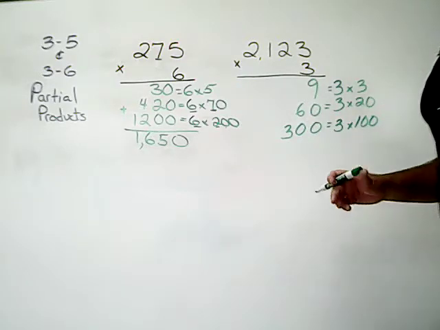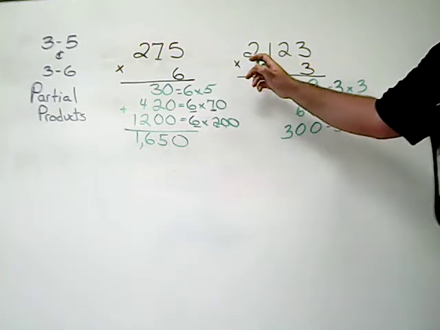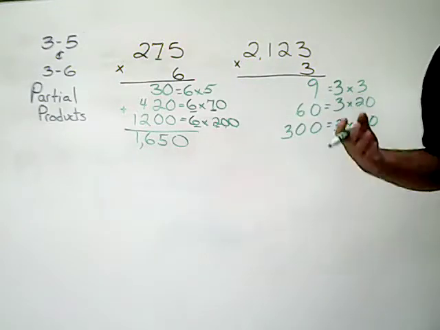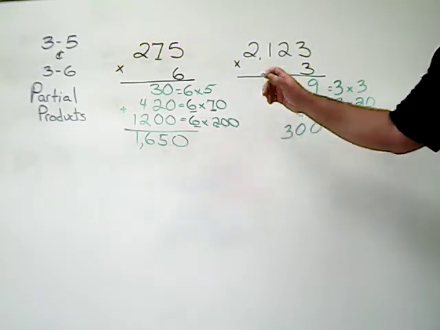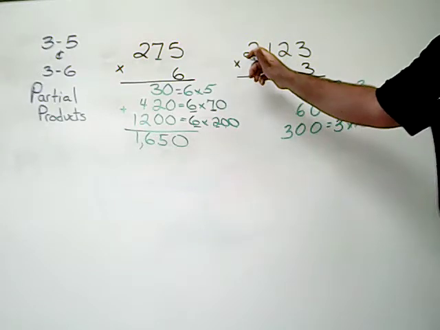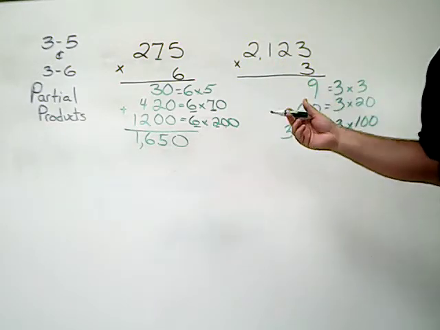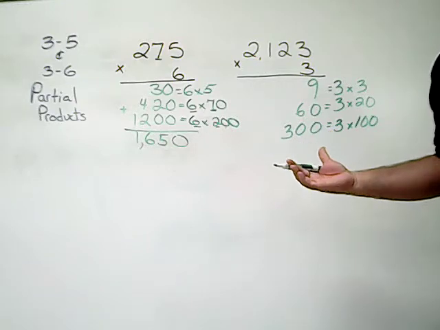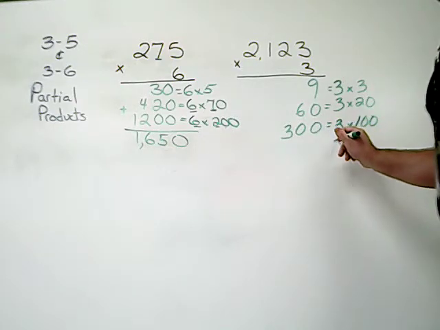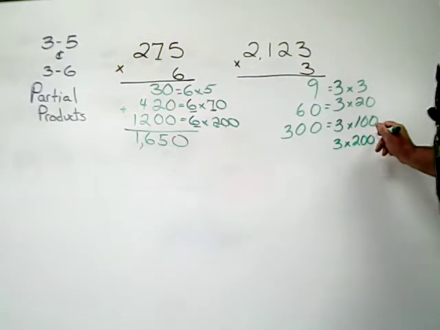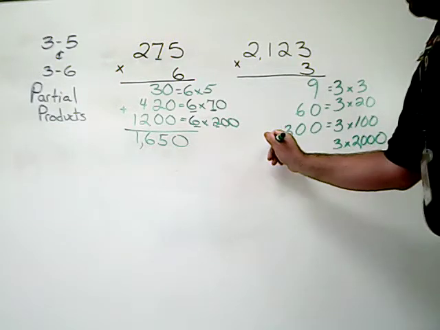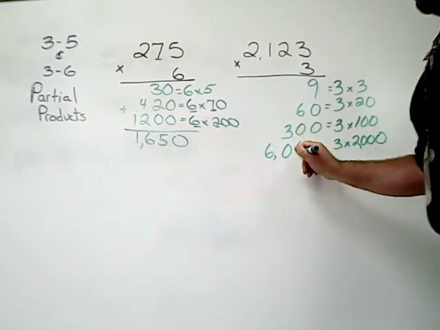And my last partial product is 3 times 2. But again, as you've caught on, the 2 doesn't represent the digit 2, it actually represents 2,000 because I have a 2 in the thousands place, which means I'm counting by 1,000 2 times. So 3 times 2,000 is a total of 6,000.